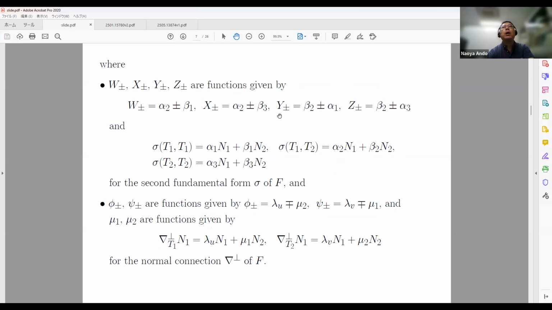Alpha 1, alpha 2, alpha 3, beta 1, beta 2, beta 3 are given by these relations for the second fundamental form sigma of F. And phi plus minus, psi plus minus are functions given by these relations. And mu1, mu2 are functions given by these relations for the normal connection of F.